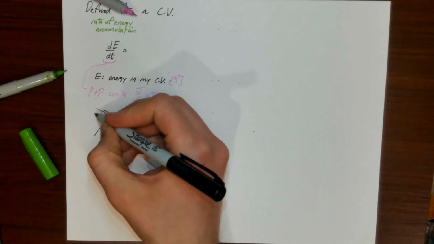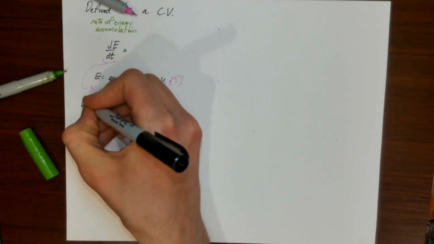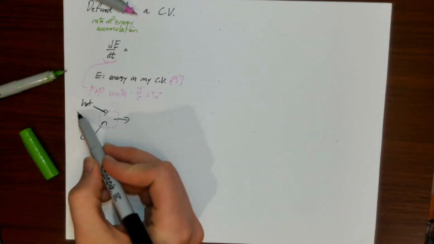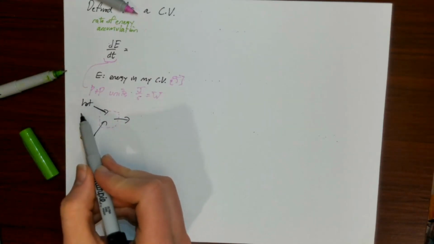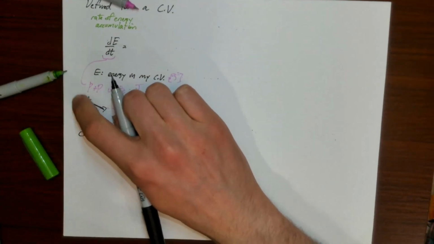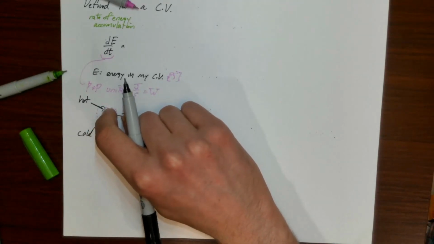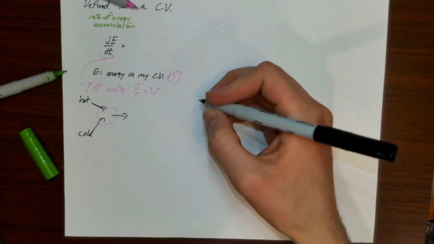The amount of energy my hot stream carries in is proportional to two things. One thing that the rate of energy going in carried by this hot stream is proportional to is the mass flow rate.